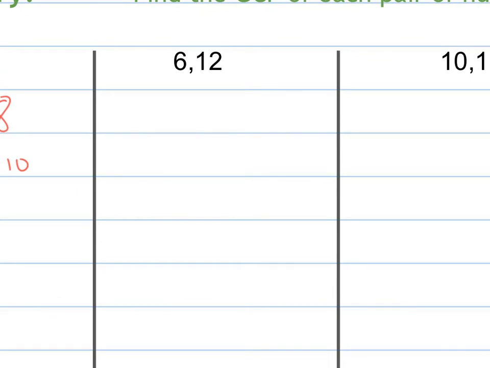Next, for 6 and 12, I'm going to do the factor trees. So for 6, we've got 2 and 3, both of those being prime. So 2 times 3. I always try to put them in order least to greatest.